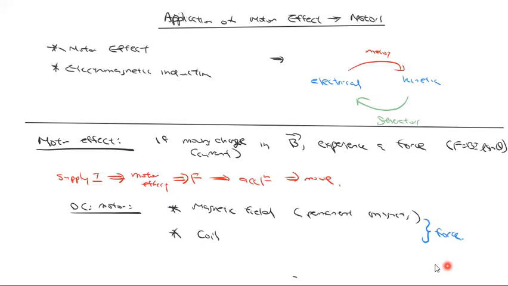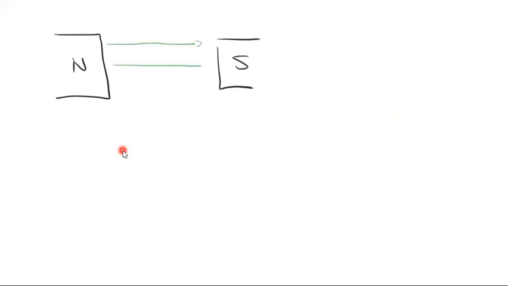Assuming you've got a torque. So for a DC motor, typically, for example, you'll have north pole here, south pole here. That means your magnetic field is like so. And in a 2D diagram, we might have your coil going like this. And so the current on this side, let's say it's going in and it's coming out.